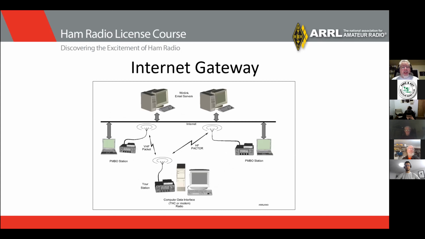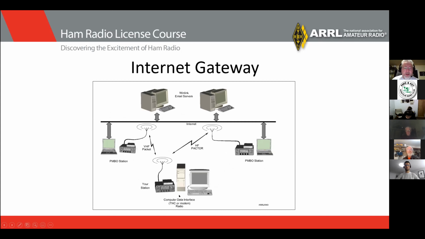In an internet gateway, there are stations that you can send email through, WinLink email servers, and they're connected to the internet, and then your radios can communicate to a station that picks up HF PACTOR.